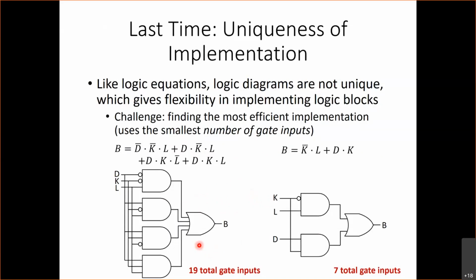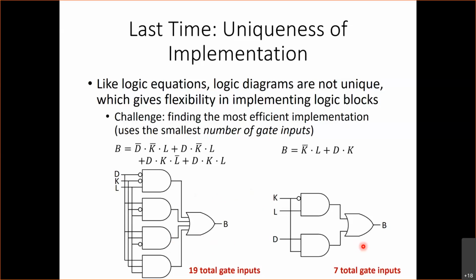How expensive it is to implement a circuit corresponds, loosely speaking, to the number of gate inputs. The circuit on the left here requires 19 total gate inputs, and the circuit on the right only needs 7 total gate inputs. And that's why the one on the right is more efficient to implement in hardware.